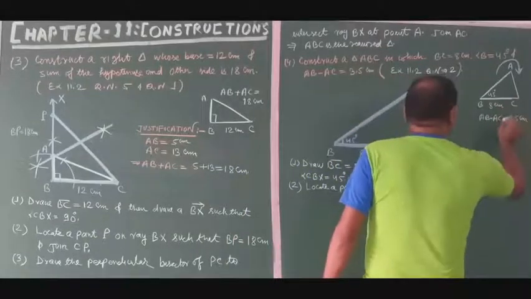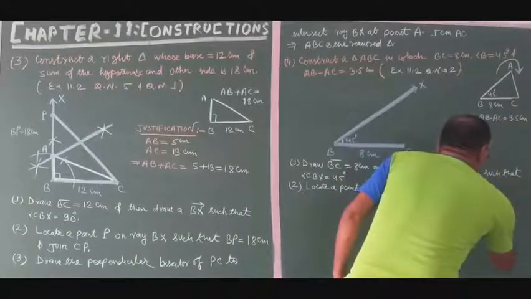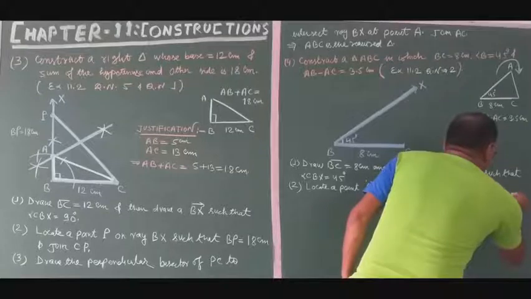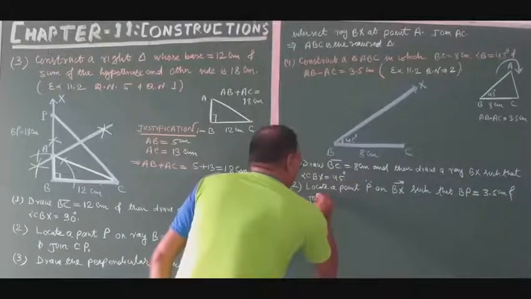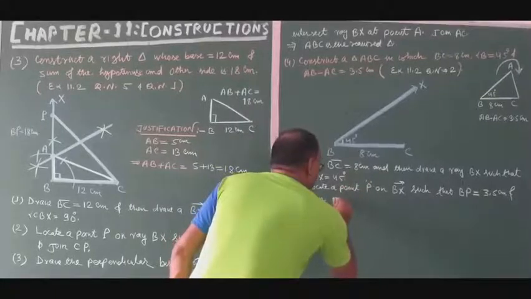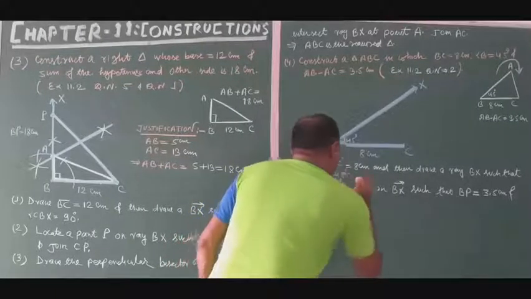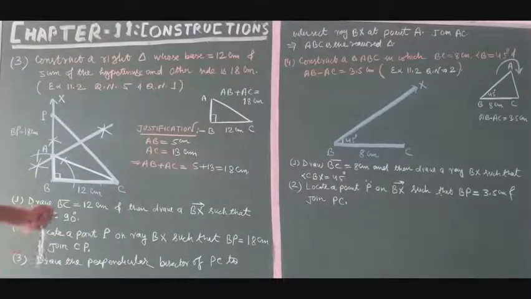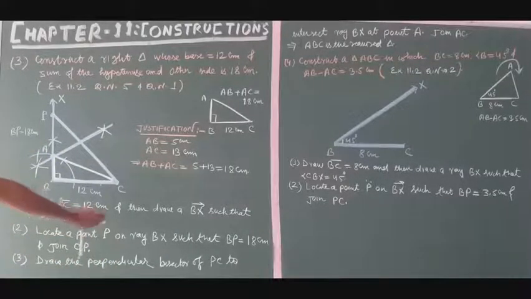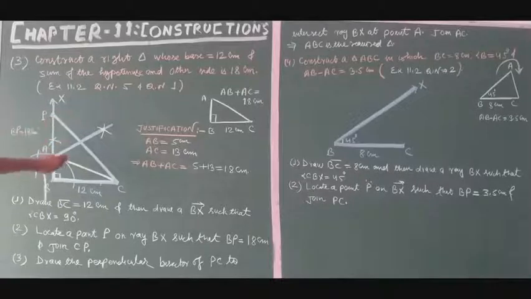BP should be equal to this difference, and join PC. Same as in this question. First we draw this one, then we draw the ray BX, then BP 18 centimeters.